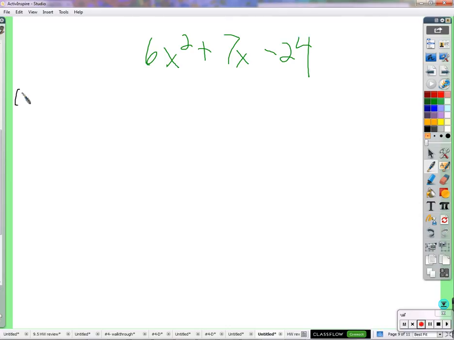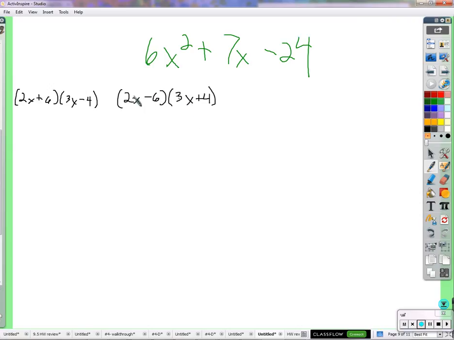It could be, let's say, 2x plus 6 times 3x minus 4. This is just going to be all the possibilities where I decide on 2x and 3x and the numbers 6 and 4. The 6 and the 4 can switch places, the signs can be switched. So now I'll switch the signs. We got 2x minus 6 and 3x plus 4.